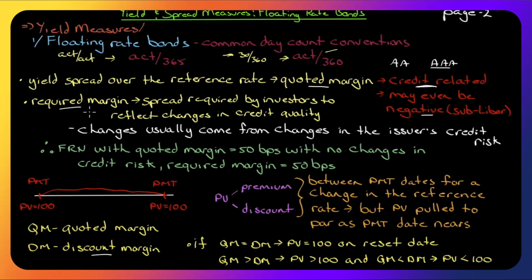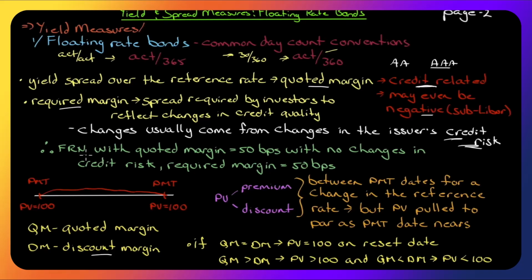It would say, well, the quoted margin is either too big or too small, so here's what we need now. Changes usually come from changes in the issuer's credit risk. So changes in the quoted margin to the required margin pretty much come from the issuer's credit risk. Again, it's not theoretically correct to say it's just credit risk, but for practical purposes, we're just going to stop there.